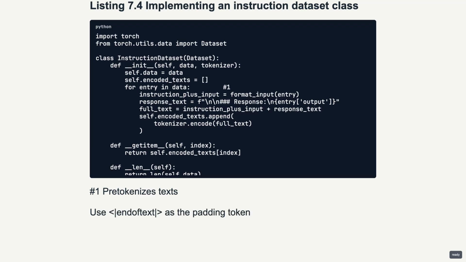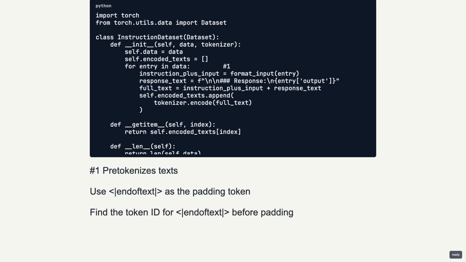Padding is necessary because sequences in a batch must line up to the same length. Reusing the end-of-text token keeps the implementation simple, and we can still distinguish real targets from padding later. It is cleaner to work with token IDs directly once the text has been encoded.